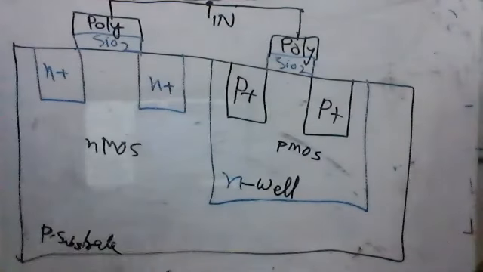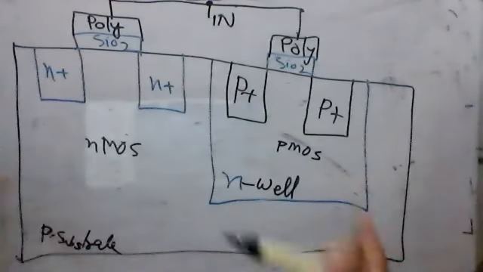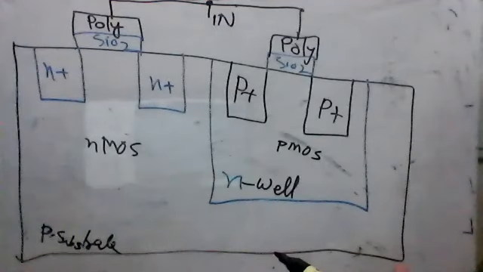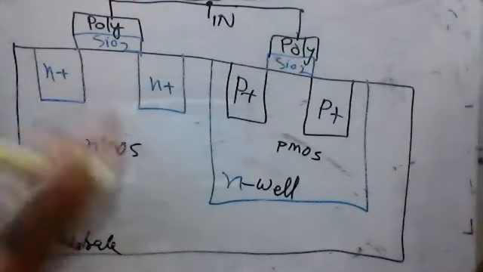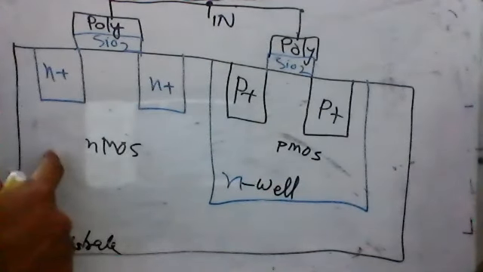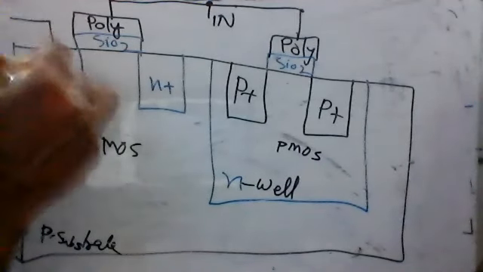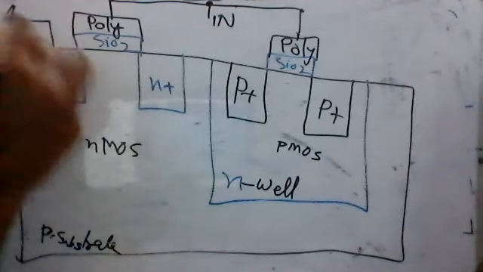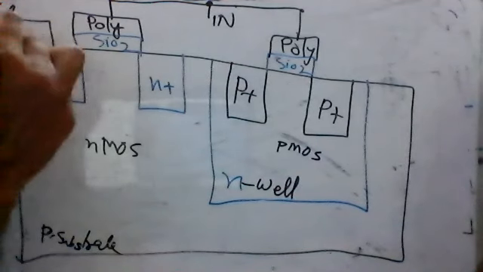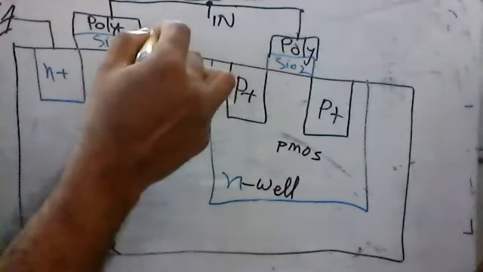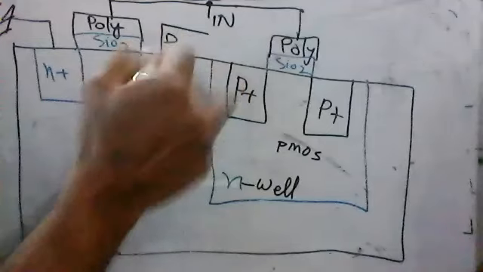Now we have to find which one is source and which one is drain. We know the source of the NMOS is negative, is grounded. So this will be the source for the NMOS, grounded, and this one will be the drain. This is the drain for the NMOS. And we know the source for the PMOS is high voltage.